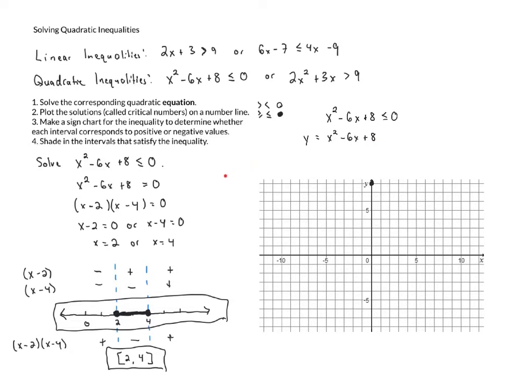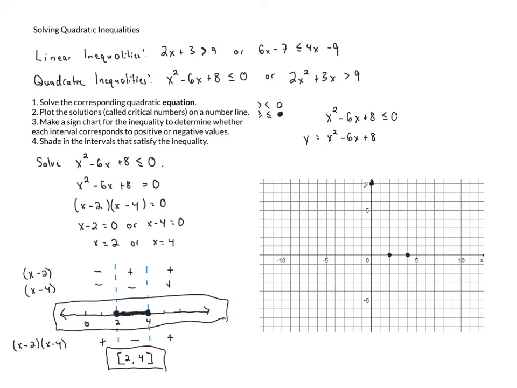However, if we look over here, we have already solved this, and we got x equals 2 and x equals 4. So in this case, 2 and 4 are going to end up being our x-intercepts. Also, we know that this parabola is going to be opening upward because we've got a positive leading coefficient.